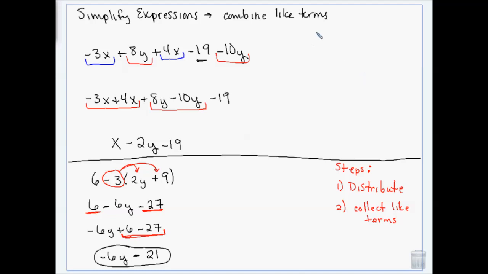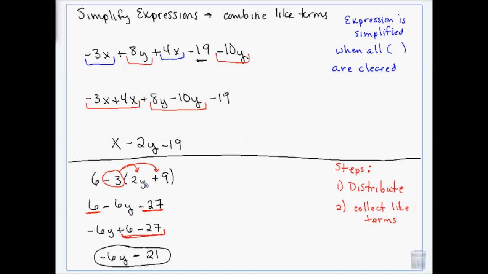So an expression is simplified when all parentheses are cleared.